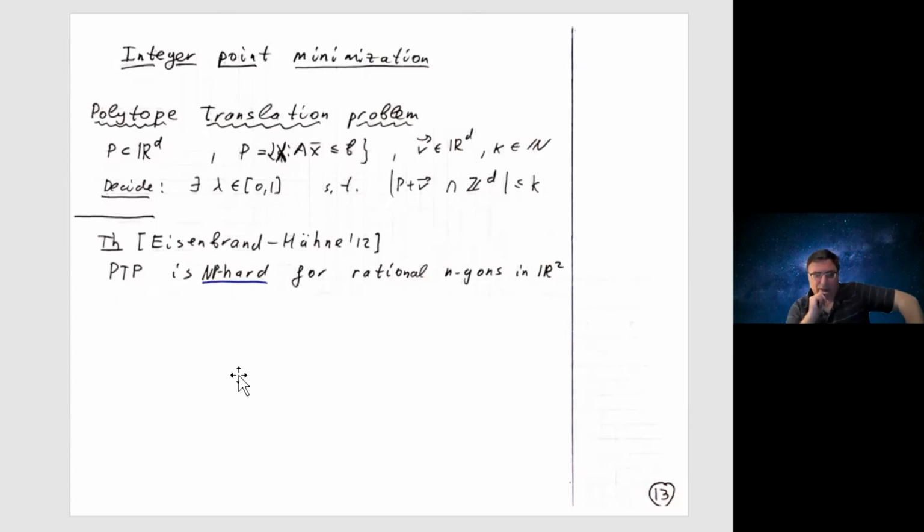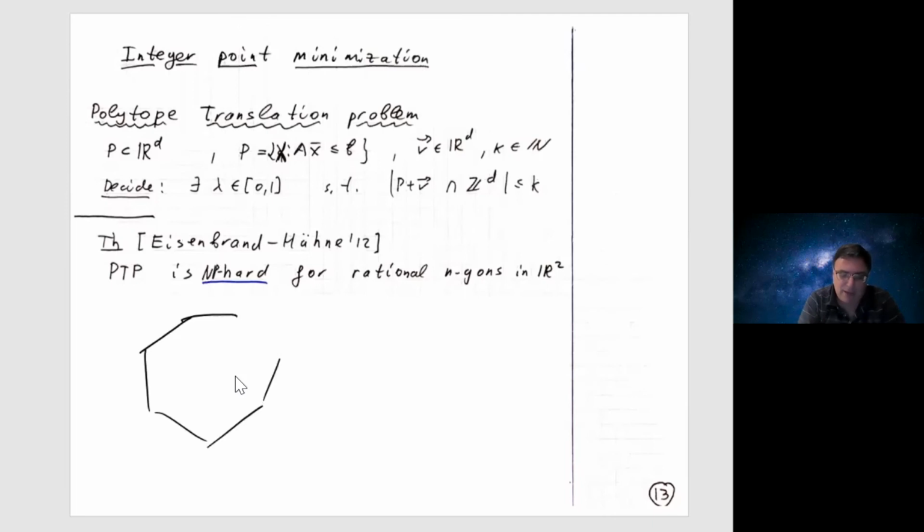So what Eisenbrand and Hanne proved is that this polytope translation problem is NP-hard for rational n-gons. Now think about it. What does that even mean?